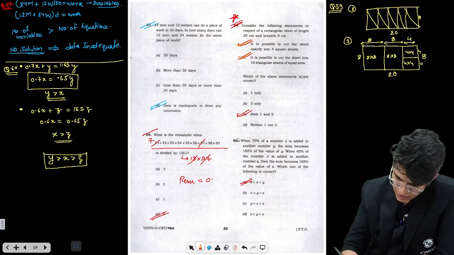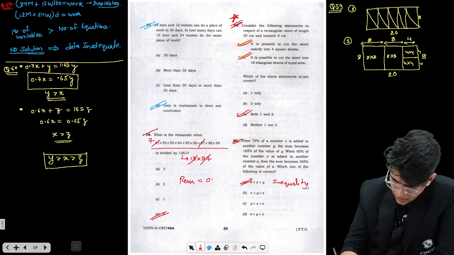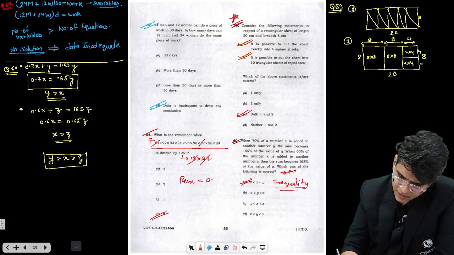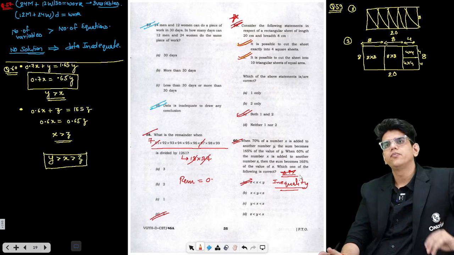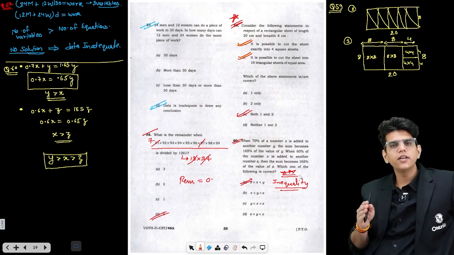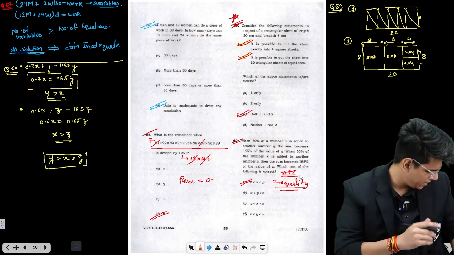This is an inequality question. Inequality questions are increasing day by day in your UPSC CSAT. This year also we got some questions, and you can expect more inequalities questions in the coming year 2026 attempt, right?